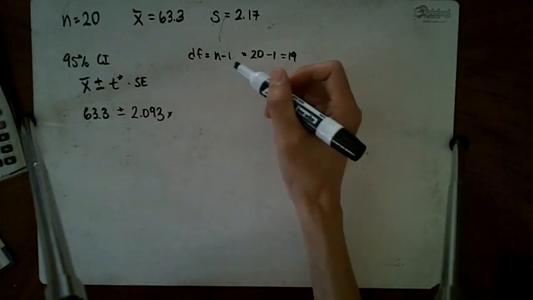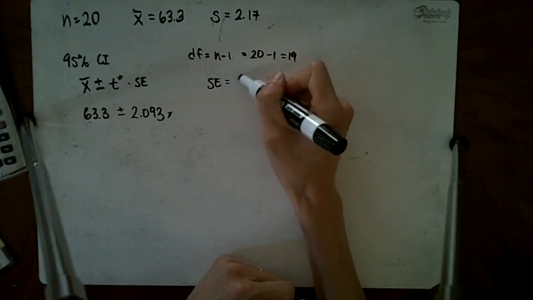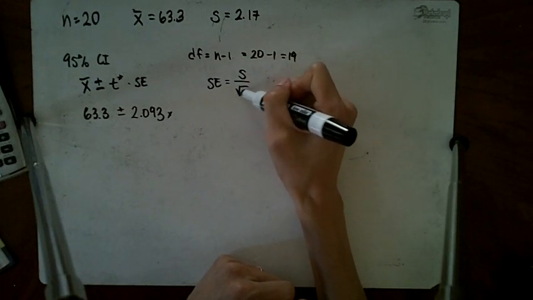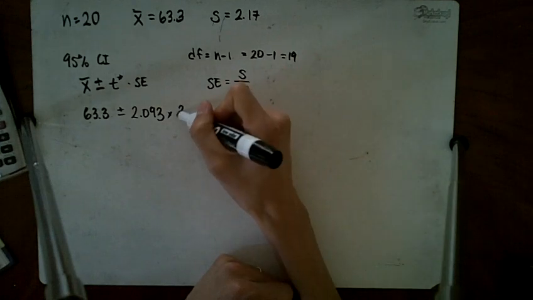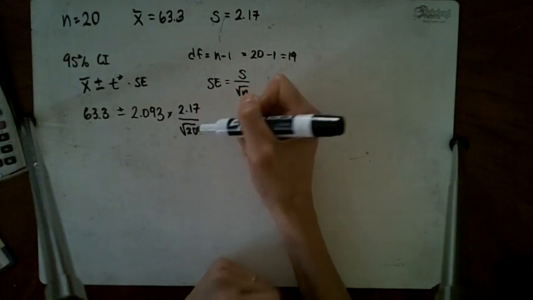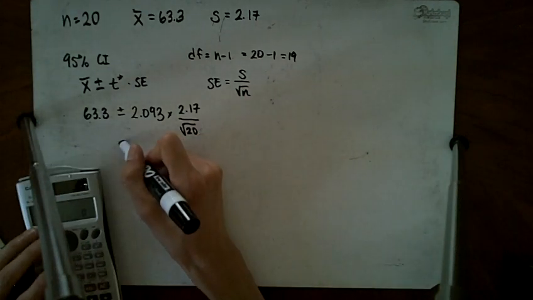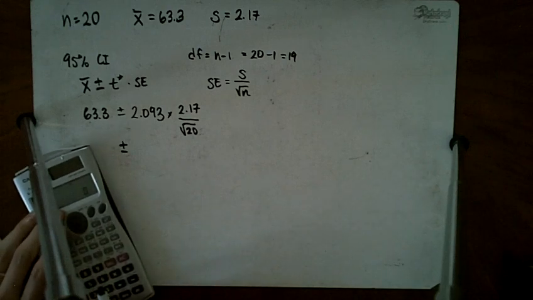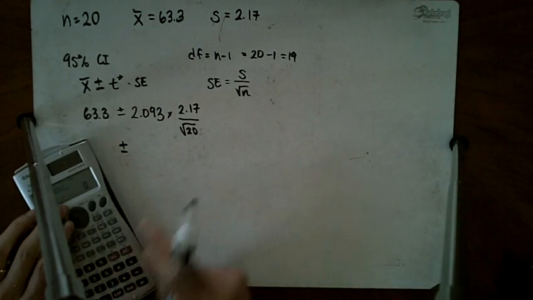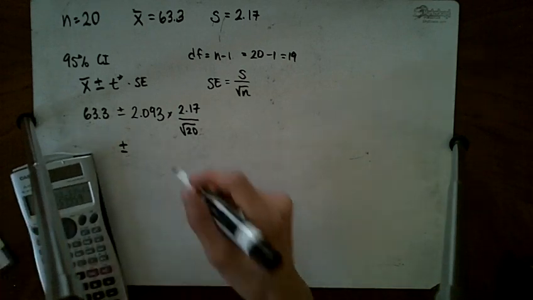And I multiply this by my standard error. The standard error is equal to s divided by the square root of n. So in this case it's 2.17 divided by the square root of 20. So I'm going to calculate this part over here, 2.093 times 2.17 divided by the square root of 20.